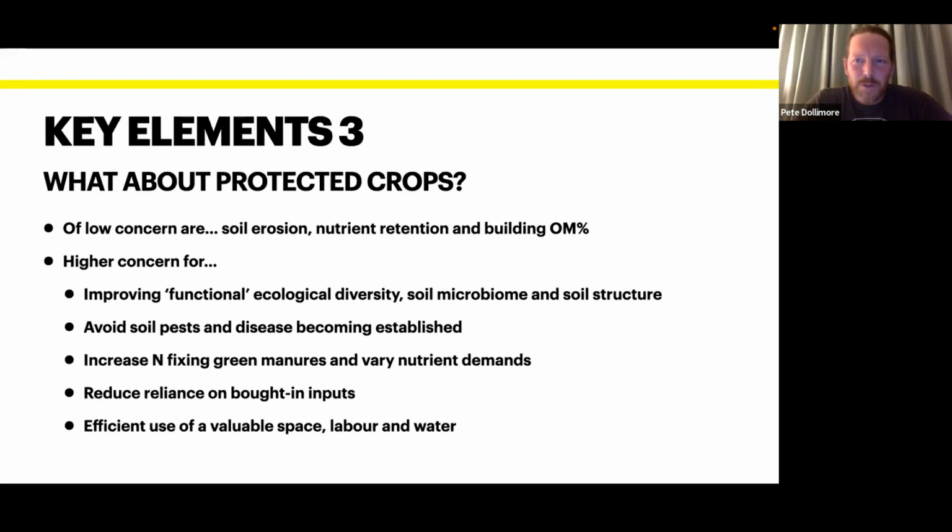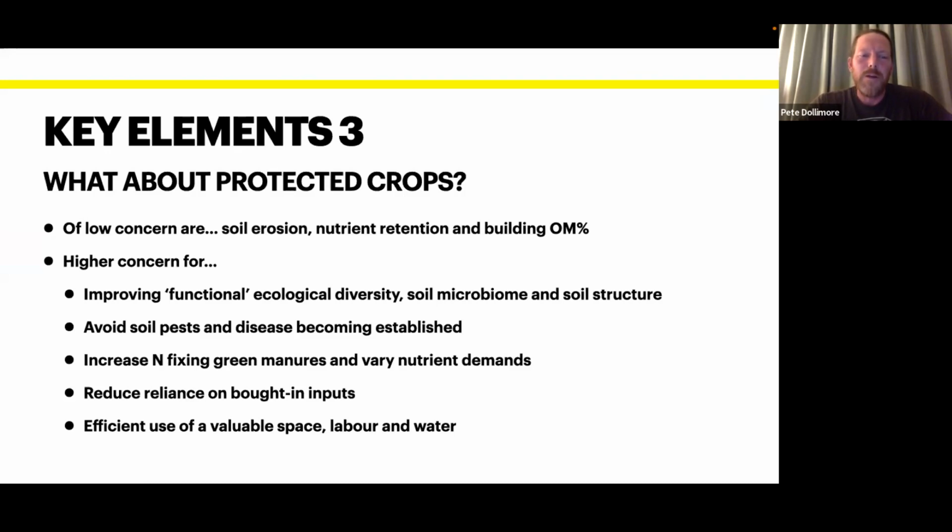So what are we concerned with in protected cropping? We're going to be concerned with functional ecological diversity, building the soil microbiome, getting resilience into our soil and improving our soil structure. We want to avoid pests and diseases becoming established. We want to be improving our nitrogen fixing if we can, but rarely do people grow enough beans to fix the nitrogen they need, and even if they do, they're probably picking it all as beans.